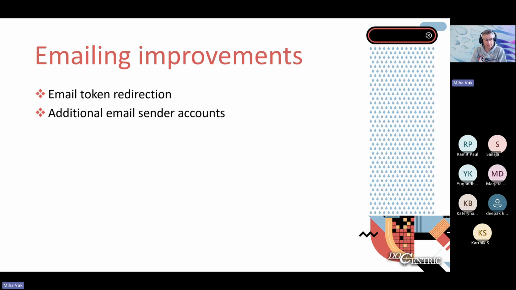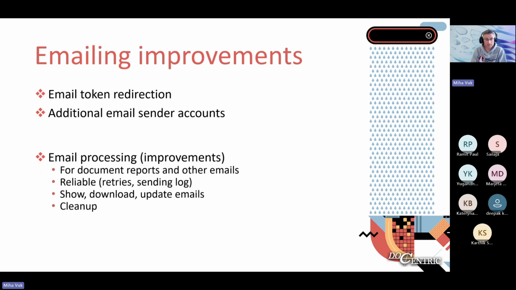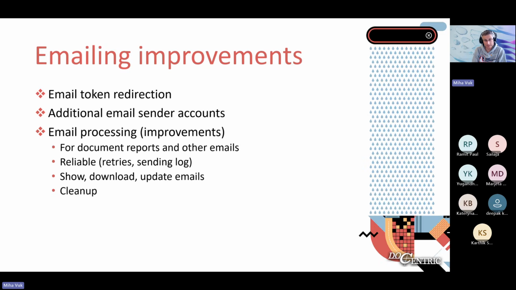Then with additional email sender account, you can use in some scenarios third-party email providers, for example SendGrid for mass emailing, or you can use fake email providers for testing, and so on. And with email processing, the emails are not sent immediately, but they are saved in the outgoing queue, and then the email distributor batch sends them periodically, which is much more trackable and manageable.